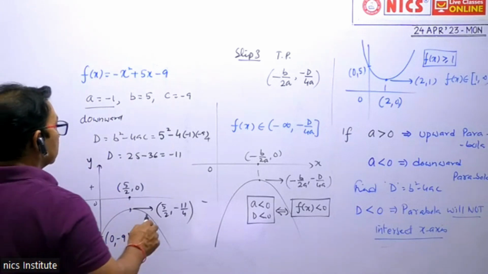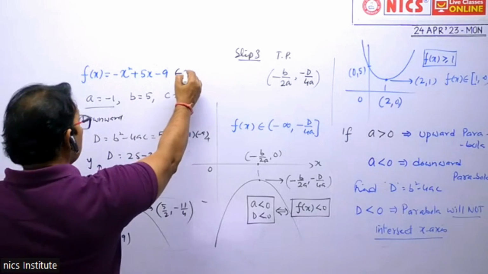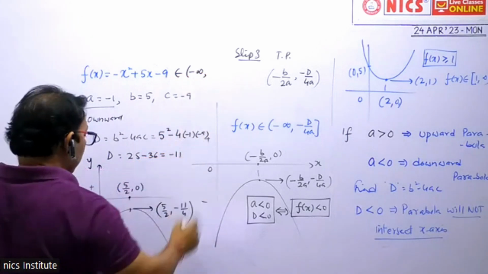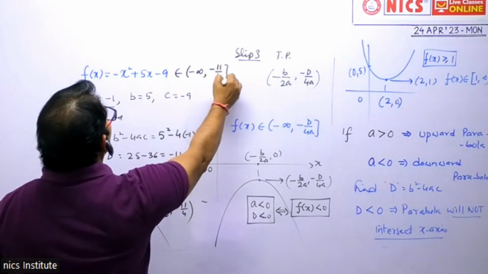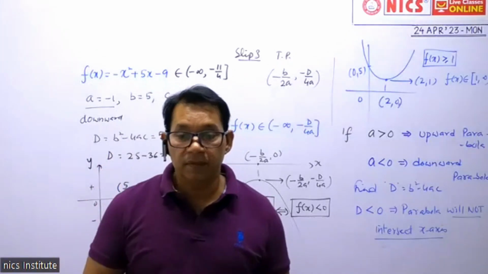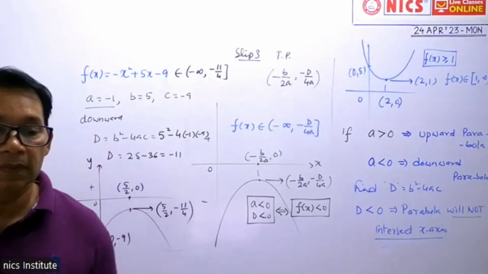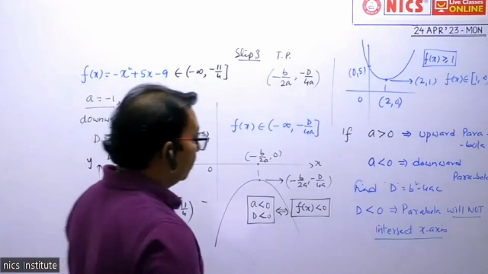That means this quadratic expression has minimum value minus infinity. And what is the maximum value? Maximum value is minus 11 by 4. That means this quadratic expression is always negative. So just go through these two examples and this result. I hope it's clear to everyone.